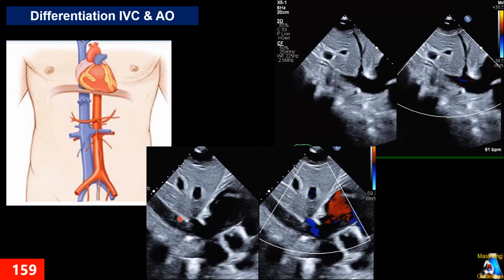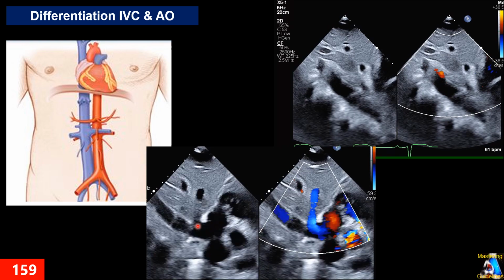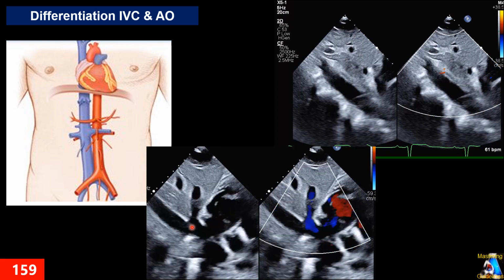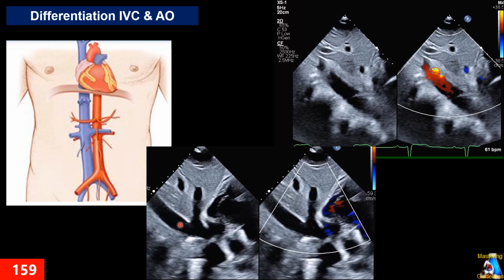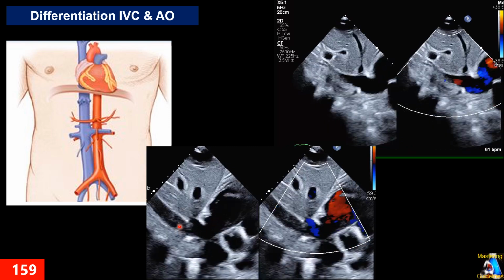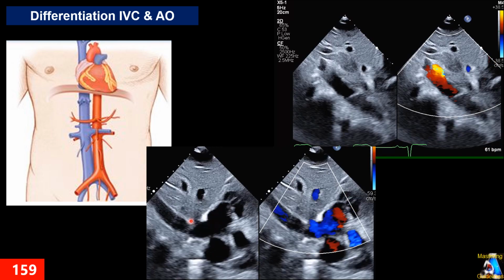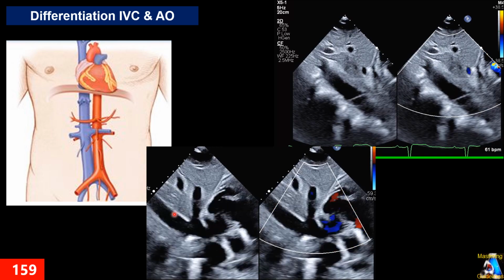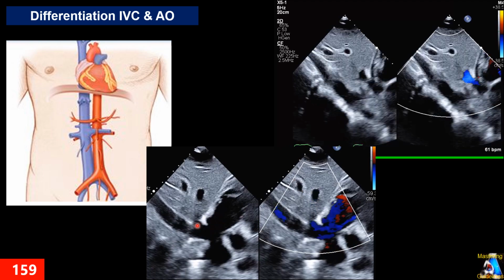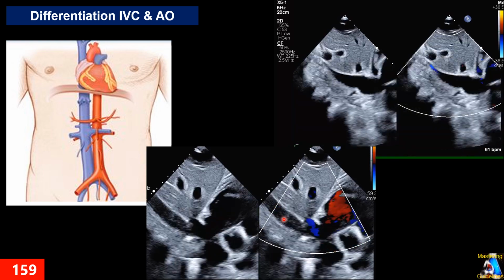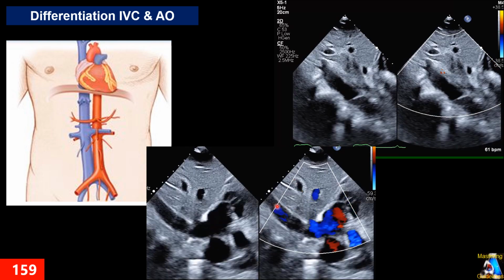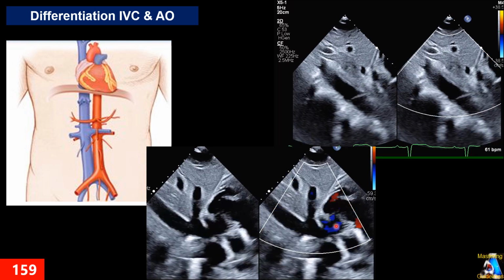It changes, especially with respiration and cardiac activity, unless the patient has high right atrial pressure. In that case, as you can see here, it doesn't change too much. Another one, as you see colored on this one, is a negative shift. Blood goes this way, to the heart.